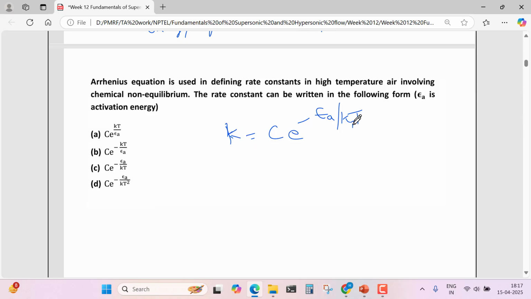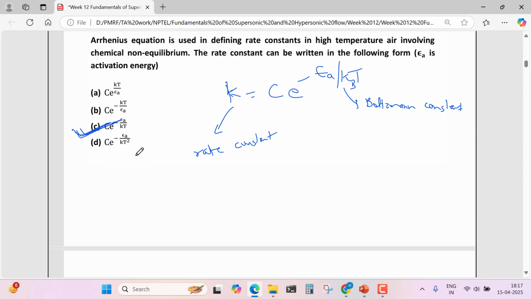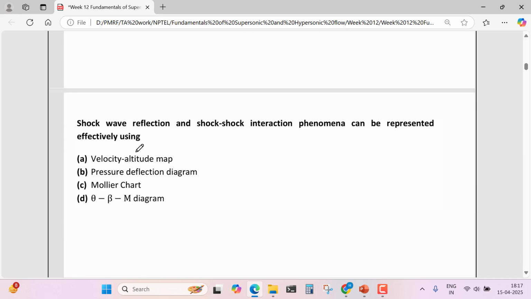This k here is the Boltzmann constant, and this k is the rate constant. So the correct option will be option C. Now we'll see the next problem.